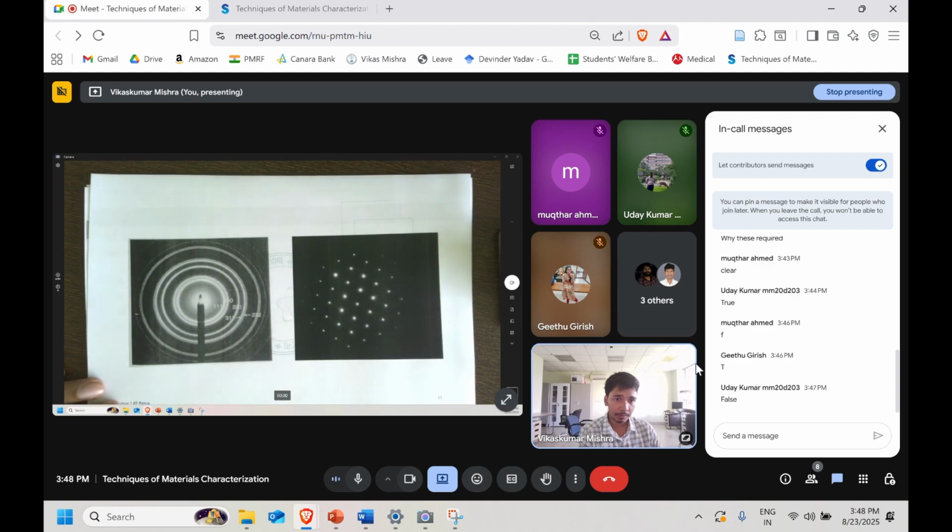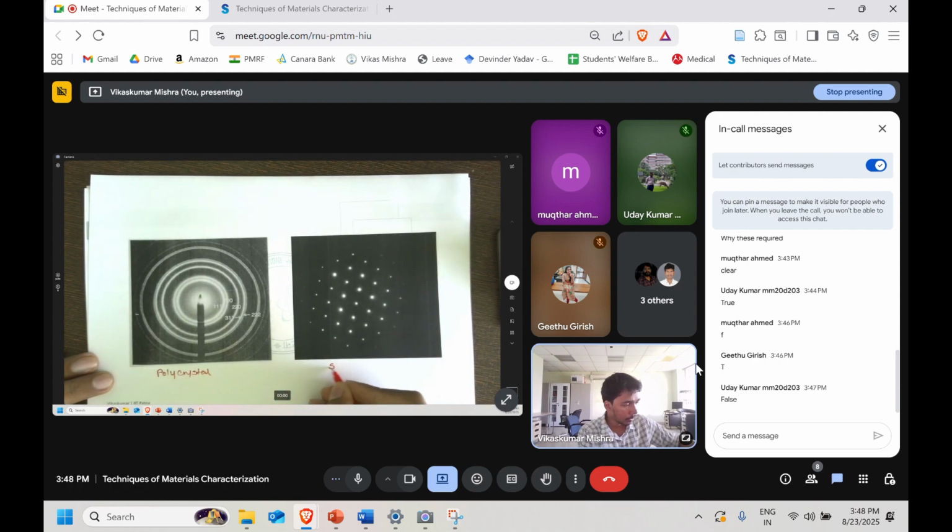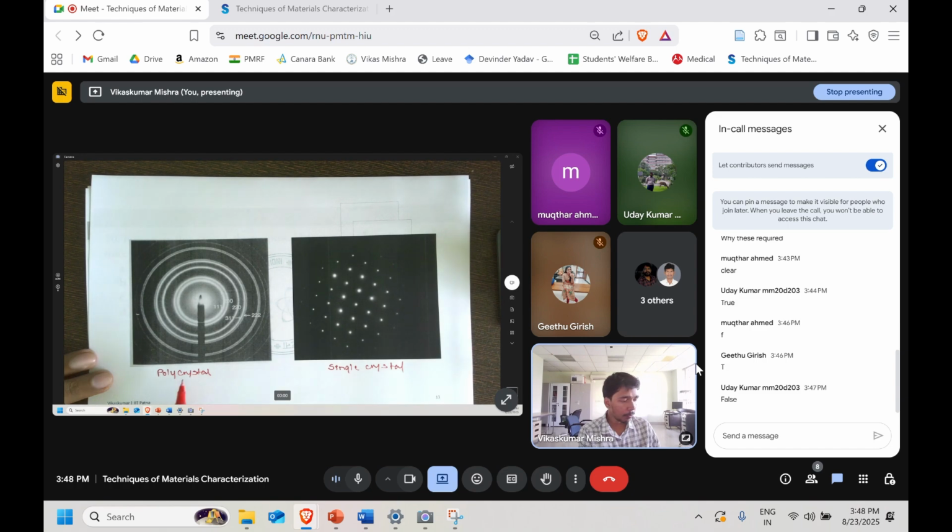Here we can see that the first one is a diffraction pattern for the polycrystal, and the second one is for the single crystal. In the case of the polycrystal, you are getting diffuse rings.